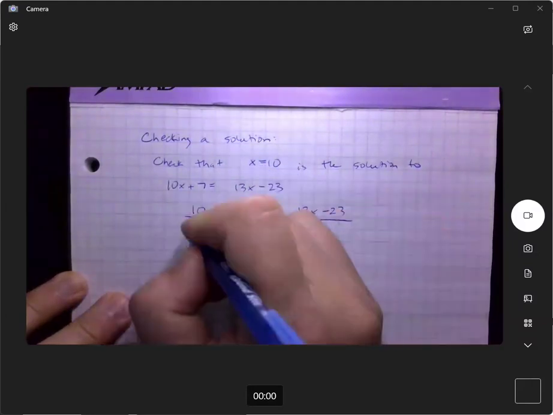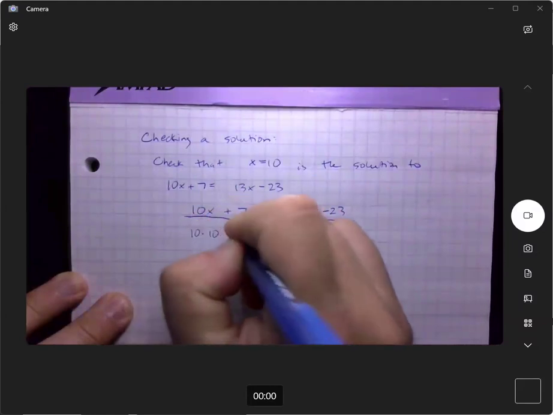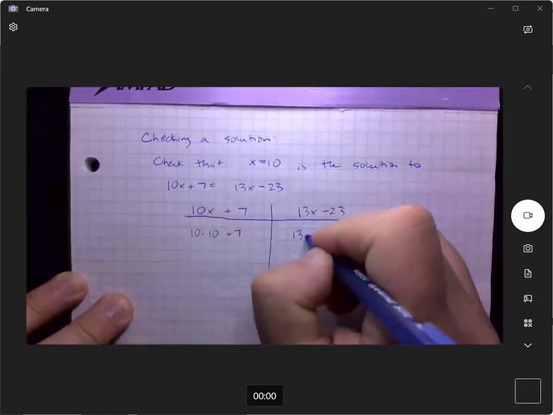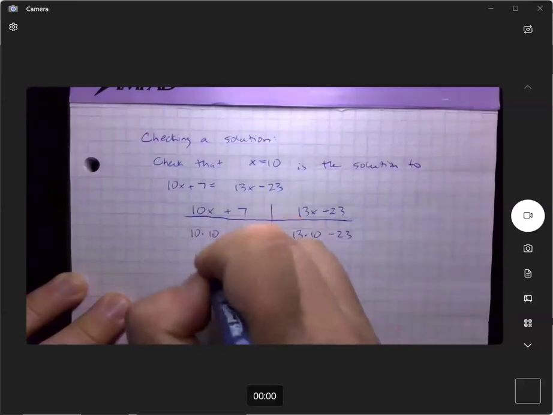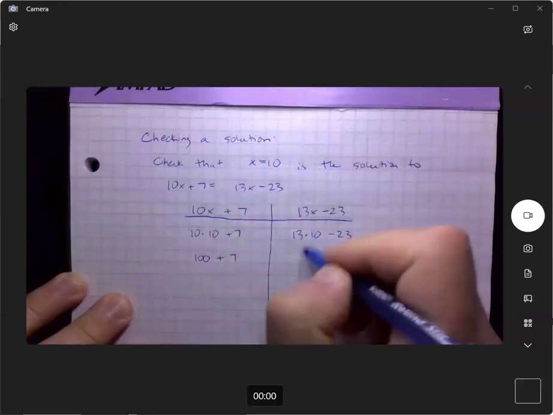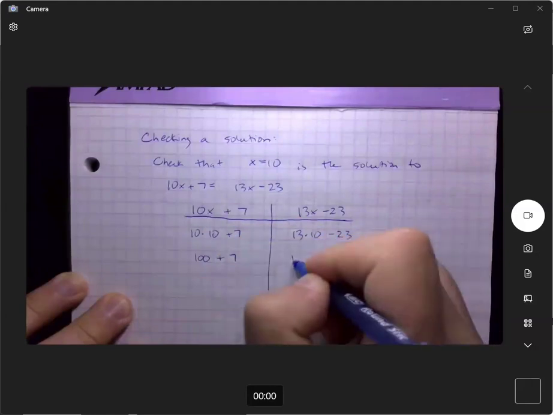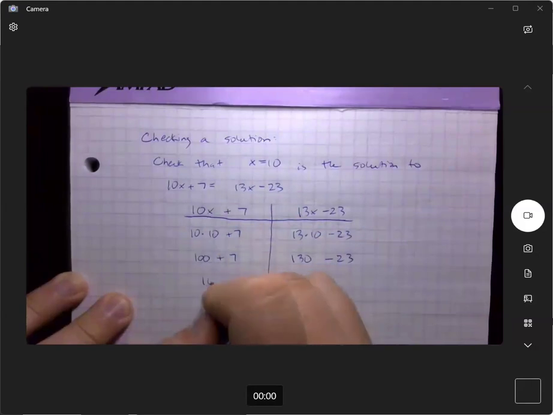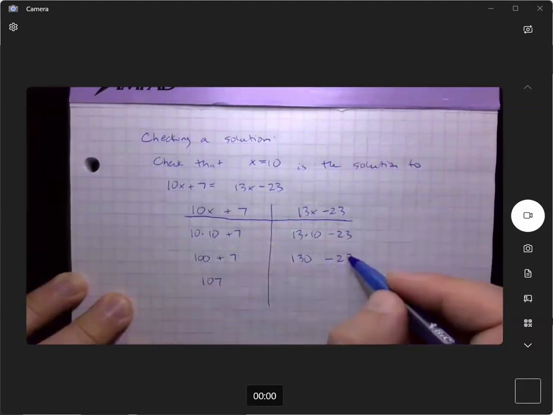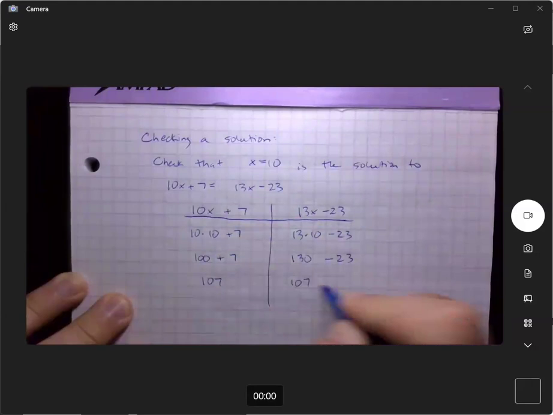So when x equals 10, we have 10 times 10 plus 7 and 13 times 10 minus 23. 10 times 10 is 100. 13 times 10 is 130. And then 100 plus 7 is 107. And 130 minus 23, that's also 107. Both sides are equal, therefore x equals 10 is the solution to this equation.